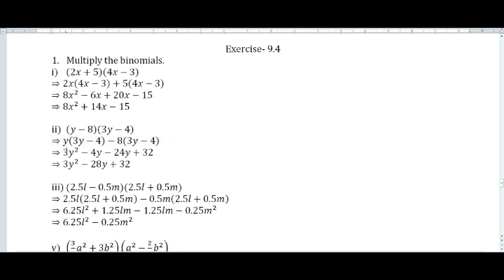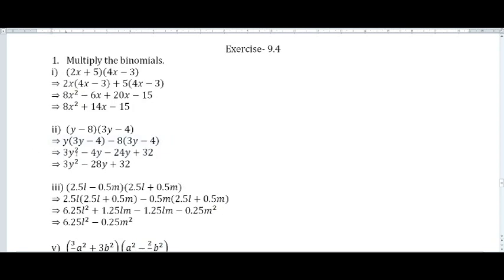So 1 into 3 is 3, y into y is y squared, minus y into 4 is 4y. So here minus is there, minus 8 3s are 24, it carries y with it. Then minus is there outside, inside minus also is there, so we have to multiply minus and minus. Minus into minus is plus, so 8 4s are 32.